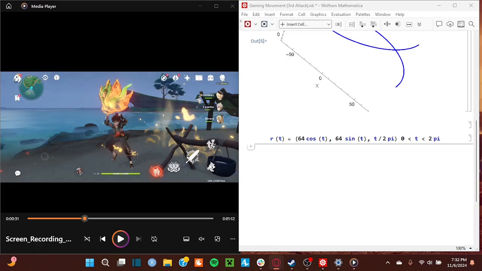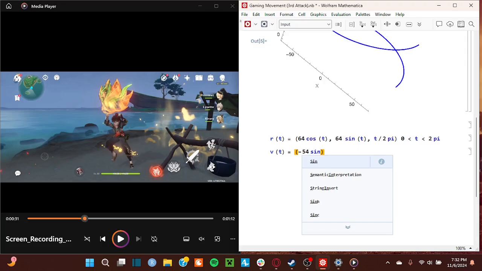It's position, velocity, and acceleration. So our velocity is represented by vt, v for velocity, and this equals negative 54 sine of t.